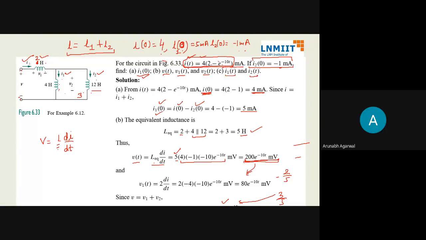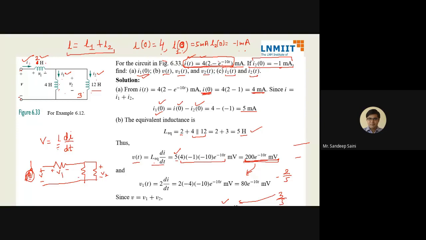So, may you explain this again? Sir, V of t meaning what? Maybe you have some adjustment issues, so I will do one thing. Let me not take them as inductor, let me take them as resistor. Voltage here is V, voltage across this is V1, voltage across these two is V2.